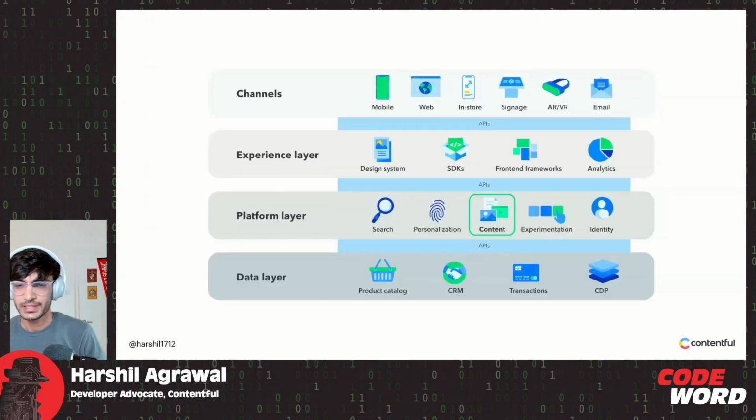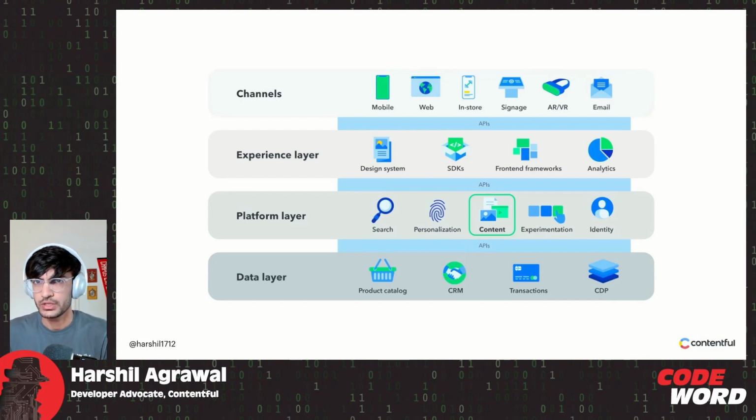So this is basically what the application layer looks like for our website now. We have a data layer where we have a product catalog, a CRM, and all the other data that we need. Then there is a platform layer, which contains all the platforms that we are using for our application, for example, search, personalization, content, etc. Because in our experience, we learned that content is where we want to orchestrate all this information.